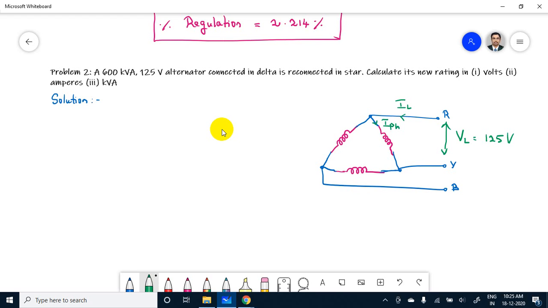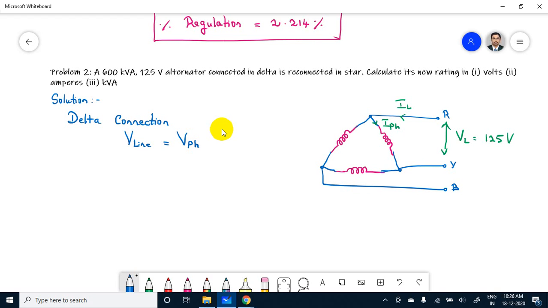In delta connection, line voltage V line is equal to V phase.